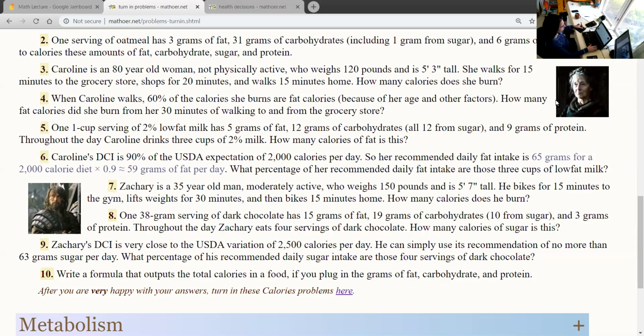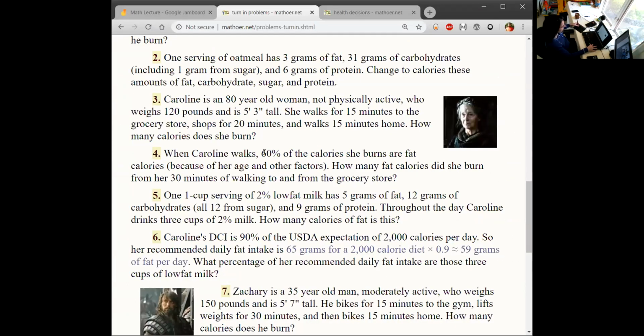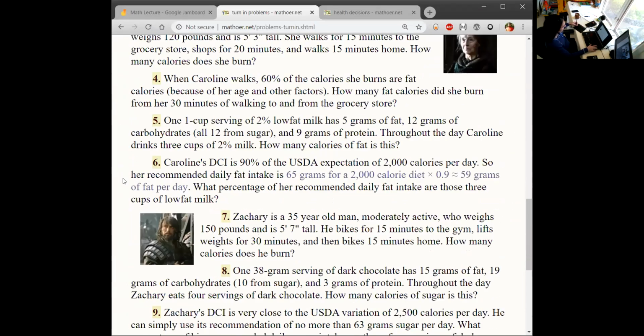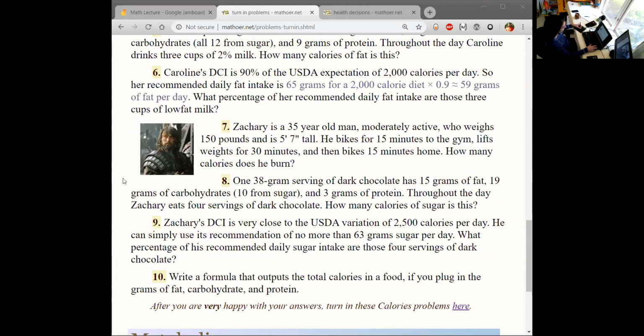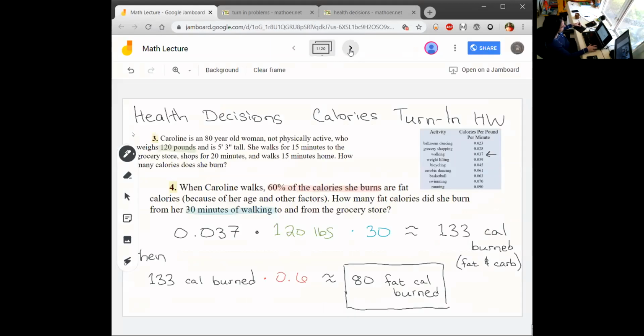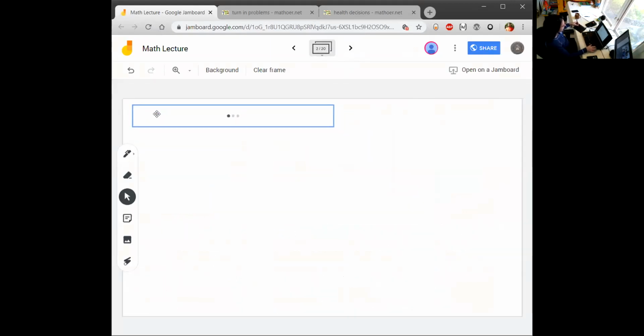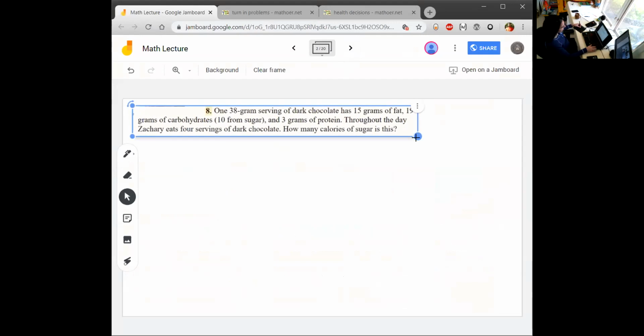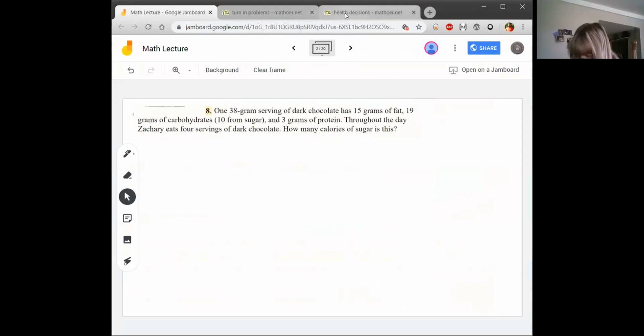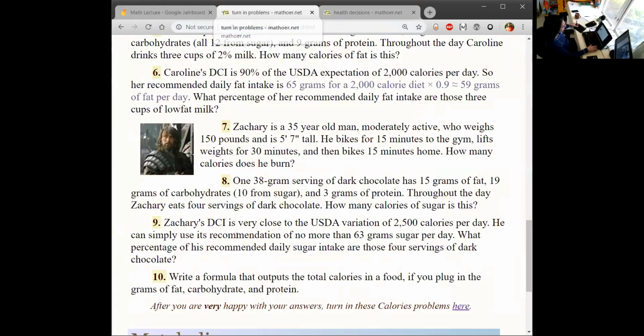Looks like we have to do number 8 first. Because for number 9, we need to know how many grams of sugar are in the chocolate.